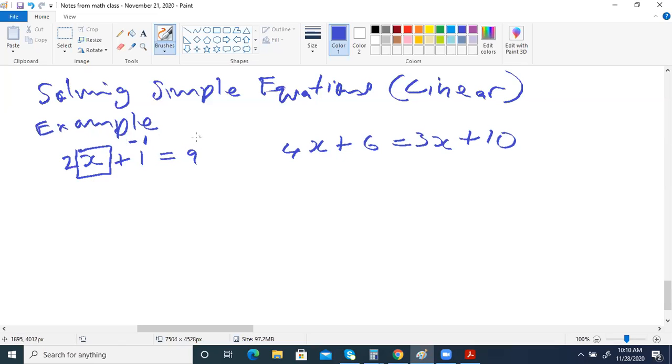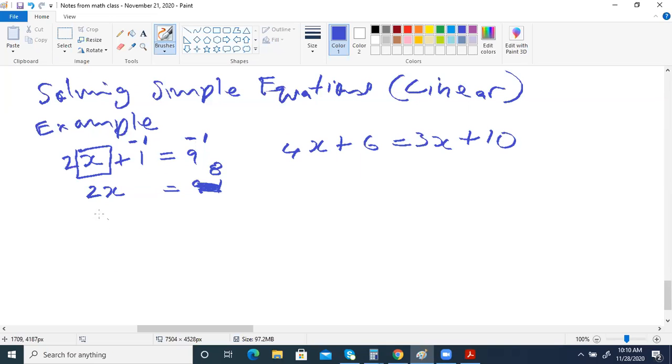So minus 1 here, then we just get 2x, and this becomes 9 minus 1, which is 8. So I can just rub this out and put 8.